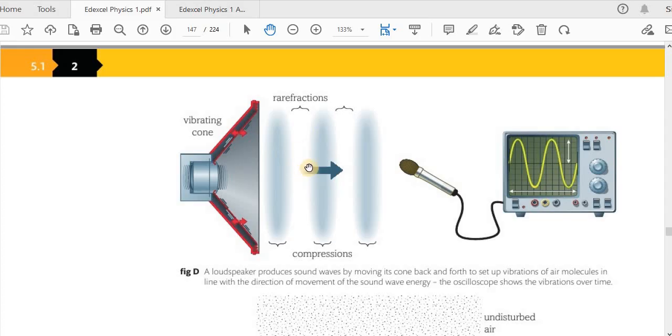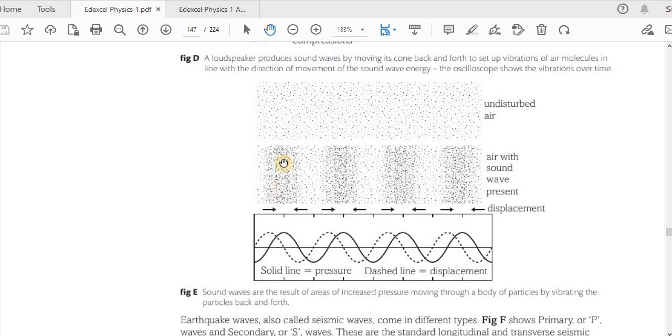So what happens in the case of sound waves? We have air molecules which are moving forwards, backwards. Where the air molecules are close together is where we have the compressions. I think this is much easier to understand. These dots you see here are the air molecules.